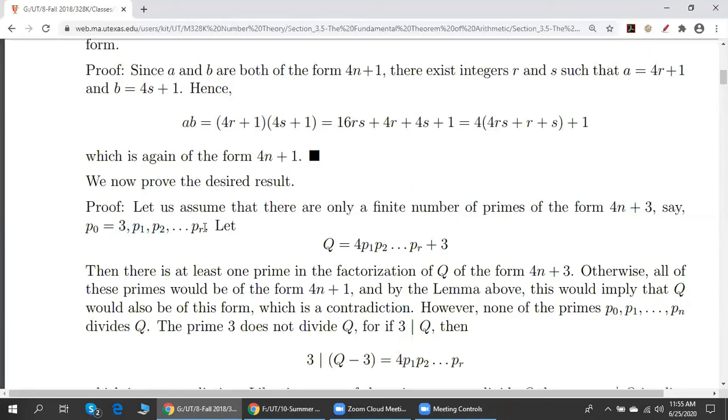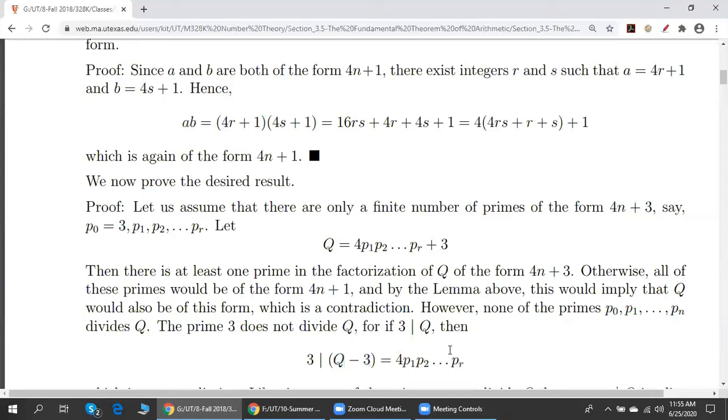Here is why. First, let us show that Q is not divisible by 3. Here is how we do it. First, let us move 3 to the left. We will get the following. Q minus 3 is equal to 4 times p1 times p2 and so on times pr.